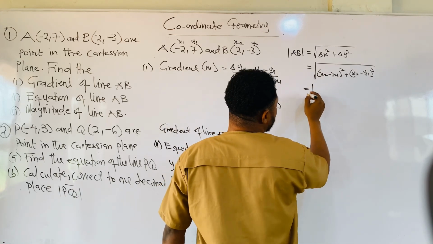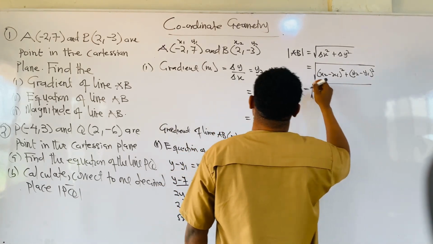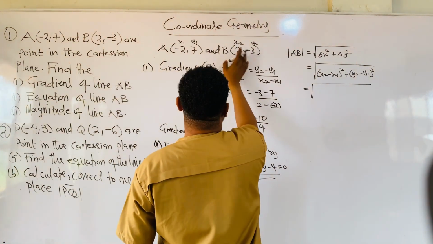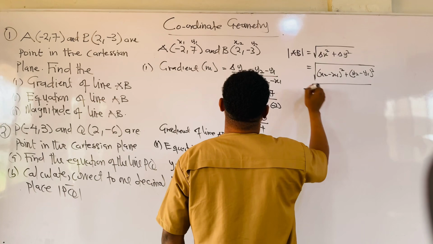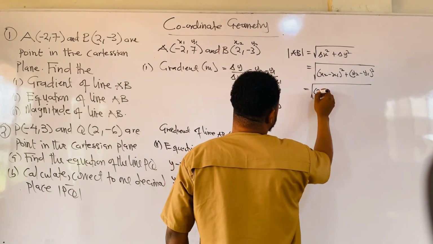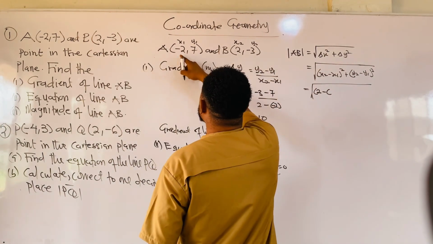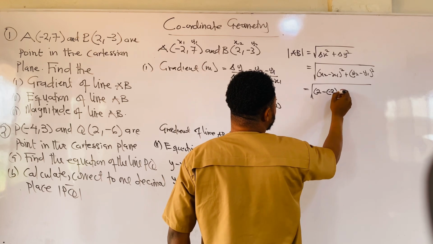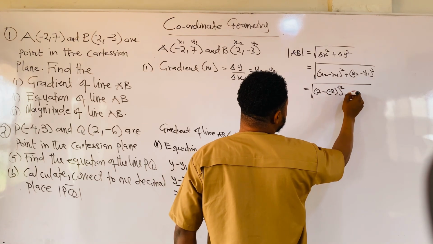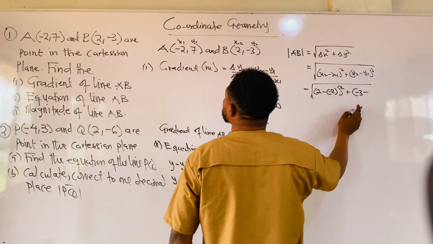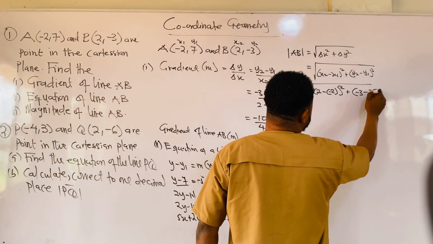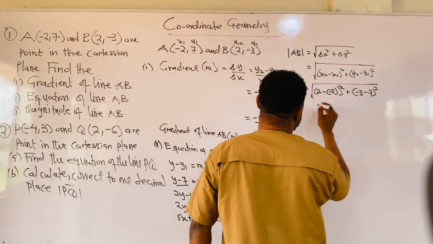Okay, so again, we are going to fix this coordinate into this formula. Our x2 will be 2. Our x1 will be negative 2 all squared. Our y2 will be negative 3. y1 will be 7 all squared.